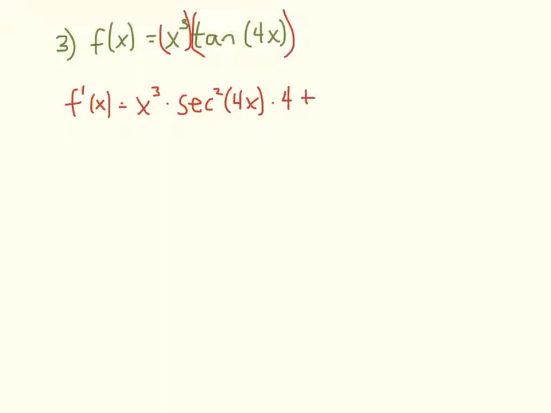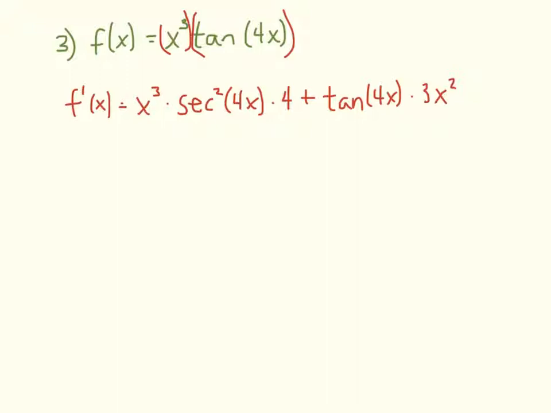Okay, plus, so that was the derivative of the second. So this was first times the derivative of the second was this whole thing, plus second, which is tan 4x, times the derivative of the first, which is your 3x squared.